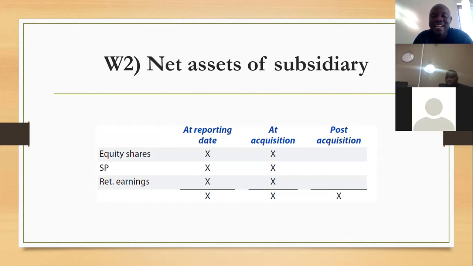How many shares were there? Was there any share premium? That SP is basically share premium. What was the retained earnings at acquisition? You have to show that. Then the post-acquisition would be the difference between the report date and that acquisition.